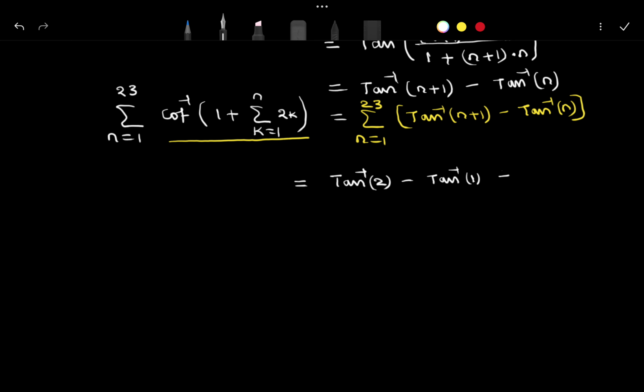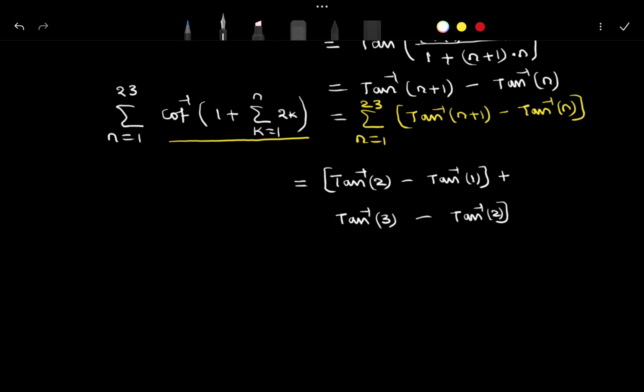Plus the second term, n equals 2: tan inverse of 3 minus tan inverse of 2.